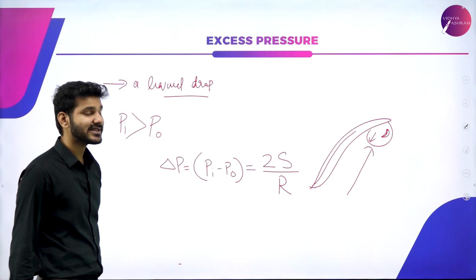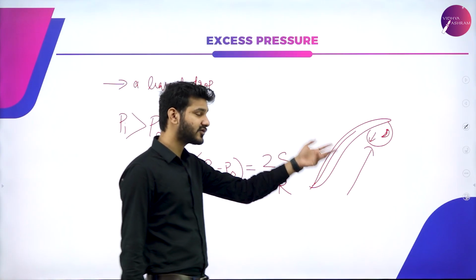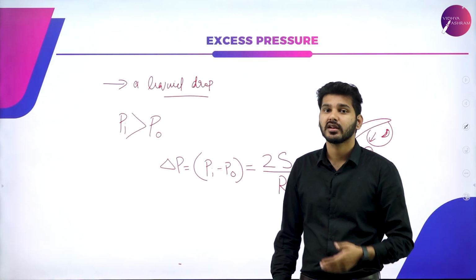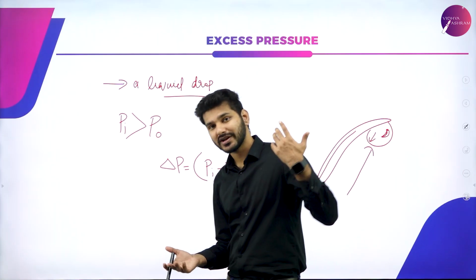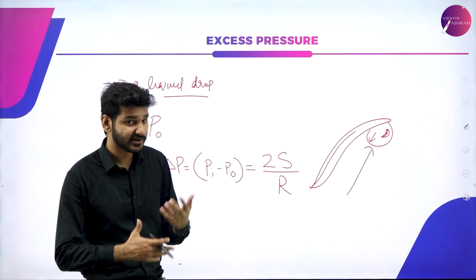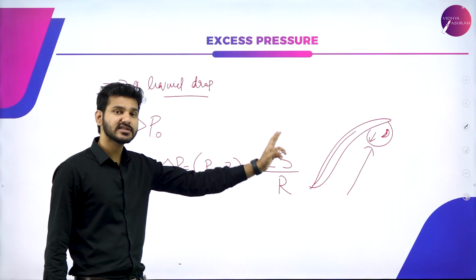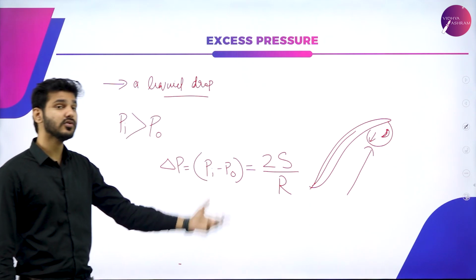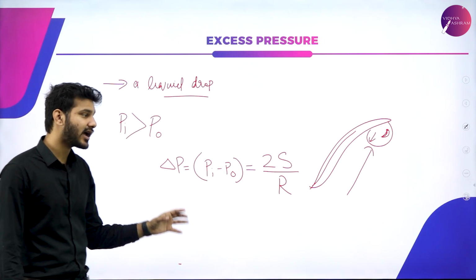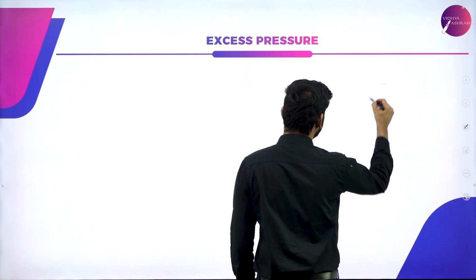Here S is the surface tension of the liquid, because now it is water, maybe tomorrow it's honey, the day after it's blood, some other liquid. Depending on the liquid, the surface tension value changes. So 2S divided by R gives the excess pressure of a liquid droplet.